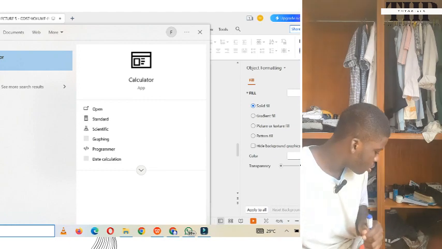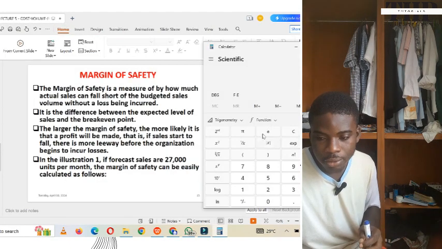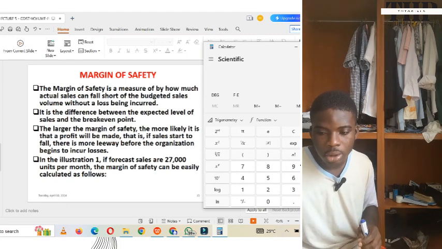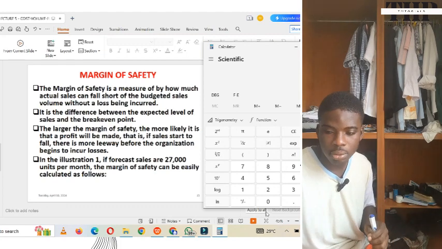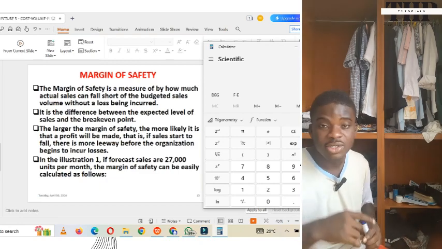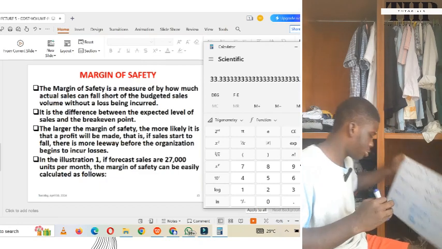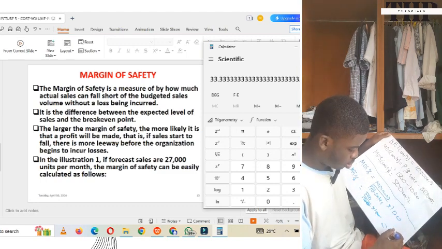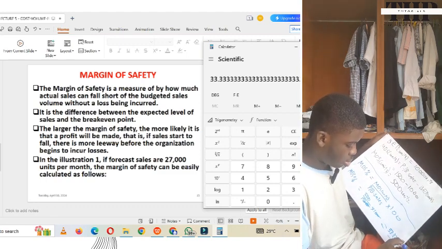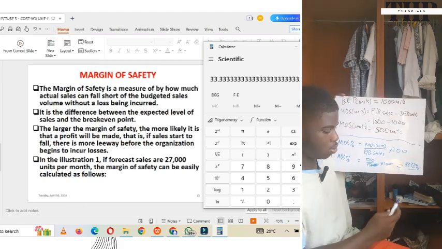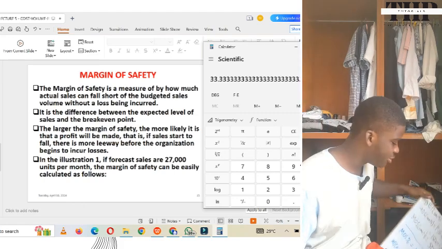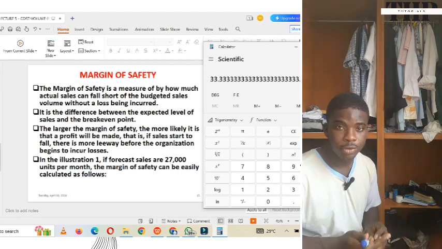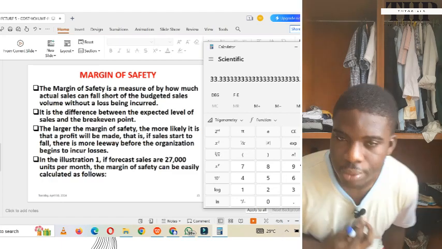Right, so we had 500 over 1,500 basically. So 500 divided by 1,500 gives 33.33%. So that's our margin of safety. Very well.